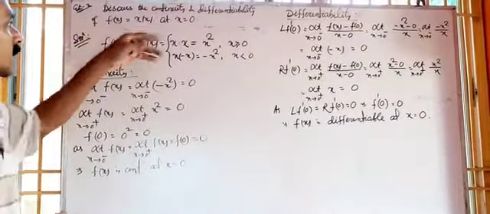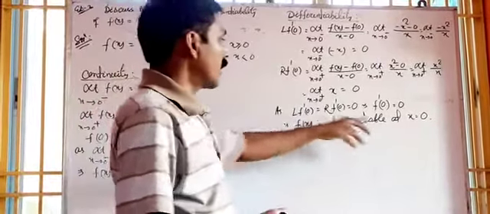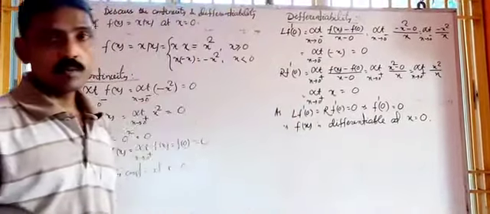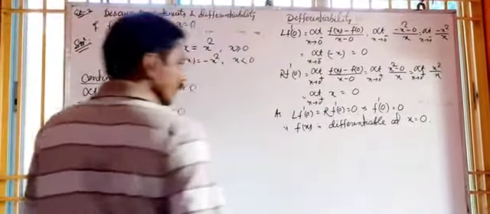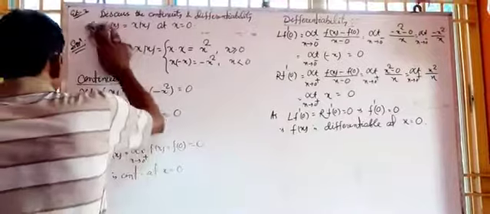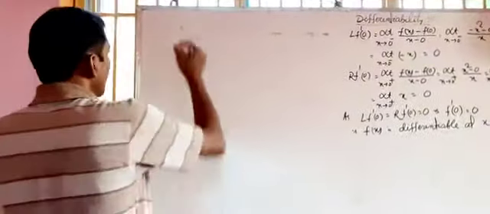That means this function is both continuous and derivable at x equal to 0. Clear? Then next example.